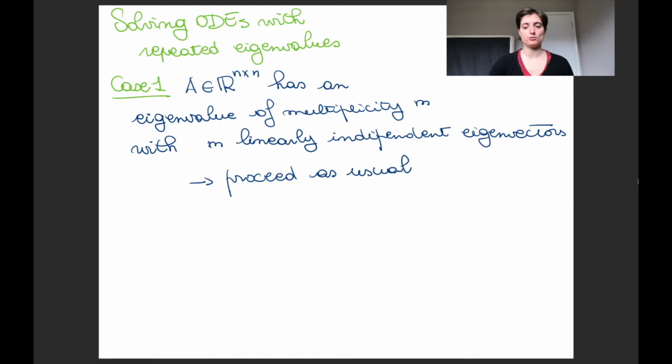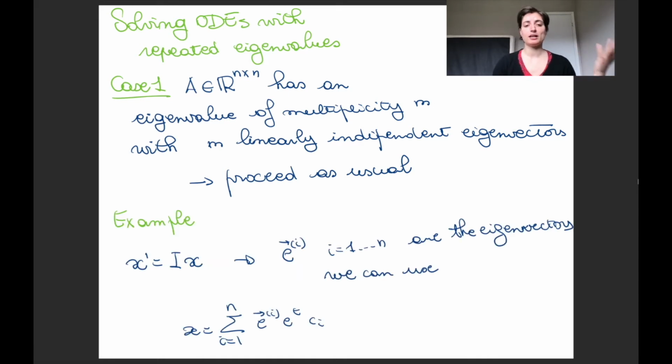We can proceed as usual. If we have x prime equals the identity matrix times x, we can choose the vectors (1,0,0), (0,1,0), (0,0,1), the elementary vectors. We can use them and write our solution as a sum of these eigenvectors that we have chosen with a bit more freedom than usual, times the exponential of t times some constant. We can still do the same process as usual.